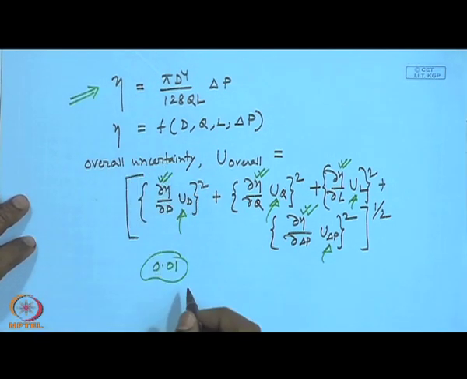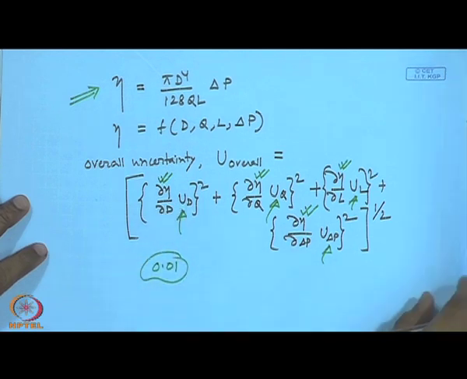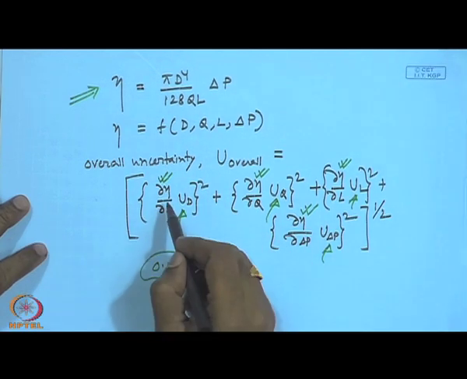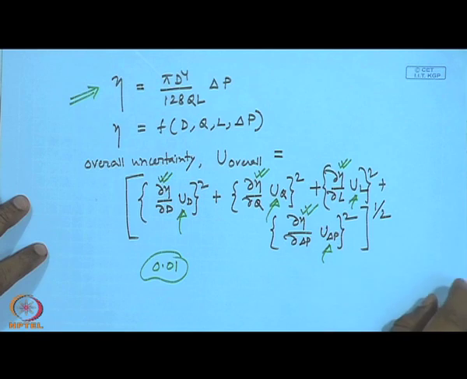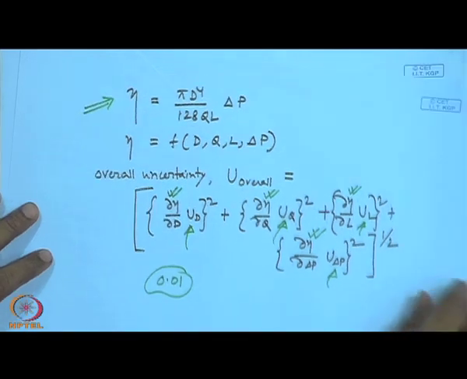If you do this, if you find out all these partial derivatives, the final equation will look like this.